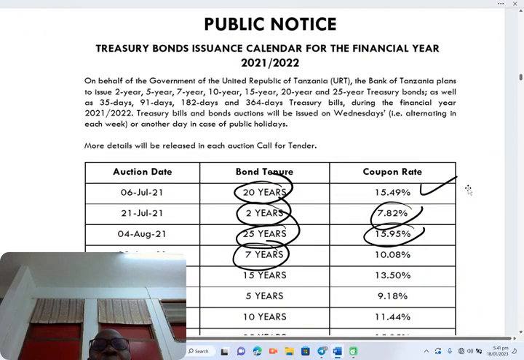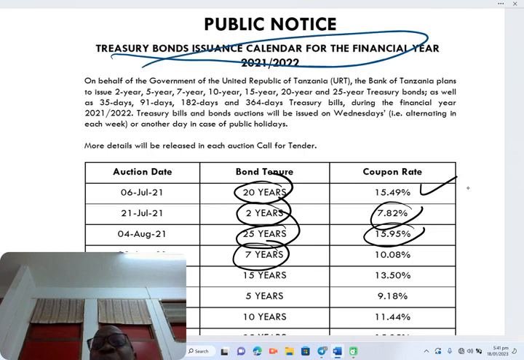Now let's see. This is how BOT is publishing a public notice on how to sell different bonds. Do you see? I told you that we have treasury bonds and what? Treasury bills. So this is a treasury bond issue. So these treasury bonds, how many are we having?